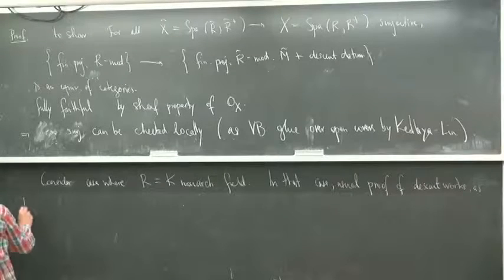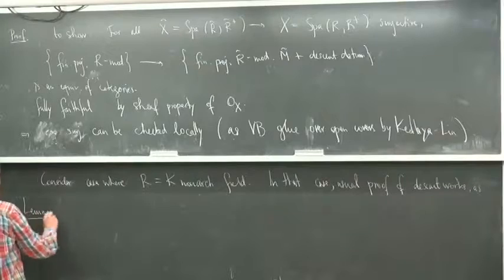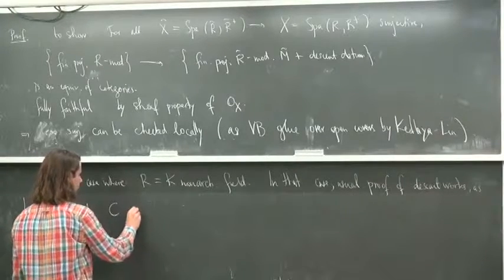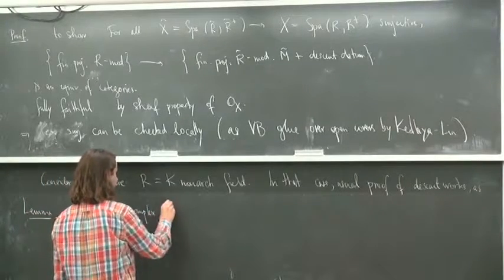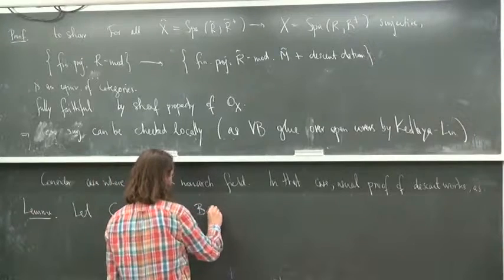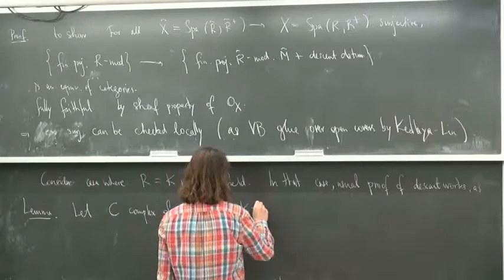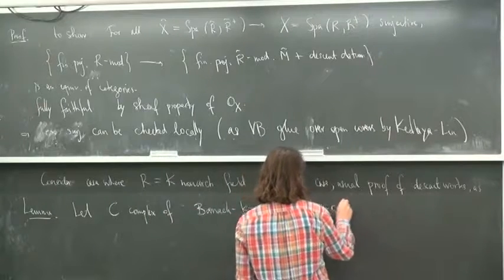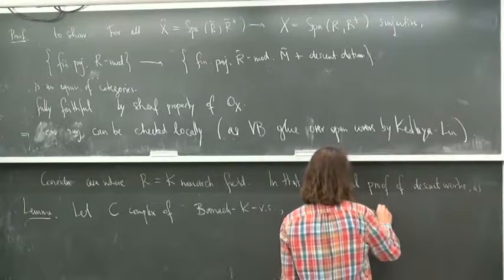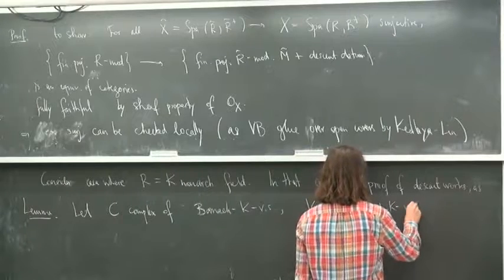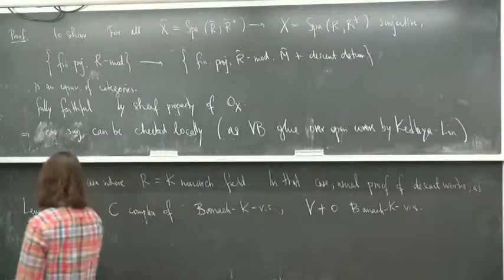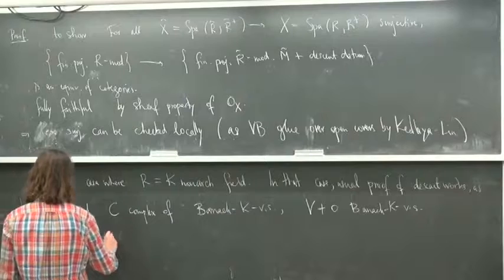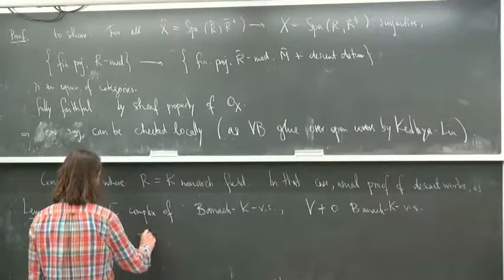So let C be a complex of Banach k-spaces, and V not equal to 0 is some Banach k-space. Then C is acyclic if and only if its completed tensor product with V is.